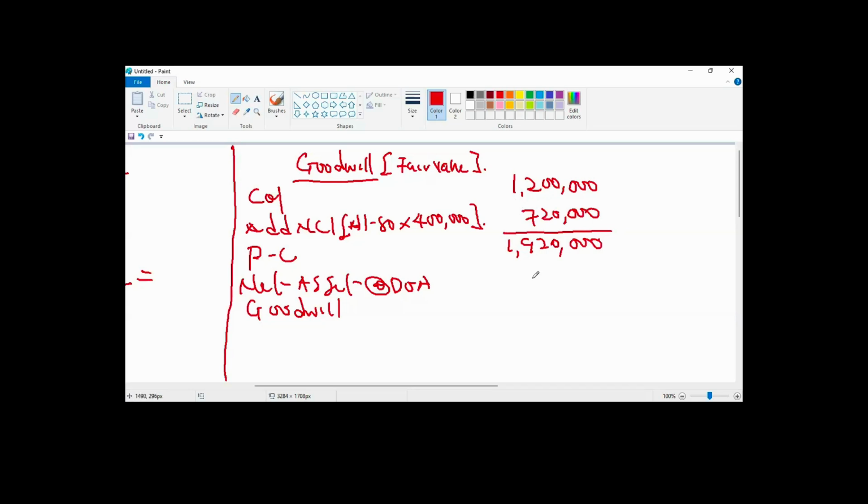Now let's take the net assets and get the goodwill. How much is the goodwill? 440,000.